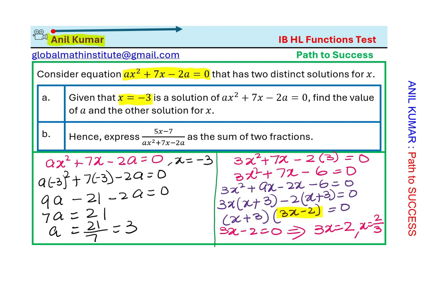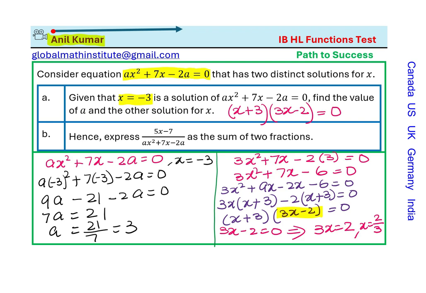Correct? So now what we can do is we can write ax squared plus 7x minus 2a equals 0 as product of these two factors. One is x plus 3 and the other one is 3x minus 2. So that becomes the equivalent equation for the given one, right? So I hope up till now everything is absolutely clear, right?